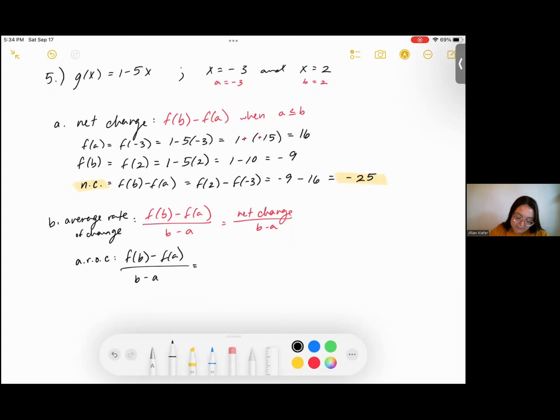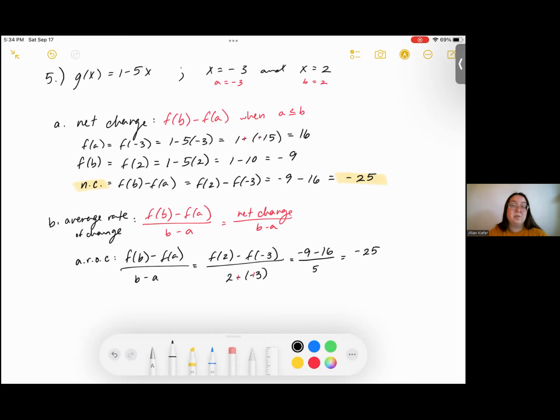So f of b we said was f of 2, f of a was f of negative 3, and we'll have 2 minus negative 3. This came out to negative 9 minus 16, 2 minus negative 3. It'll be the same thing like saying 2 plus 3. 2 plus 3 is 5. Then negative 9 minus 16 is negative 25, like we got for net change.